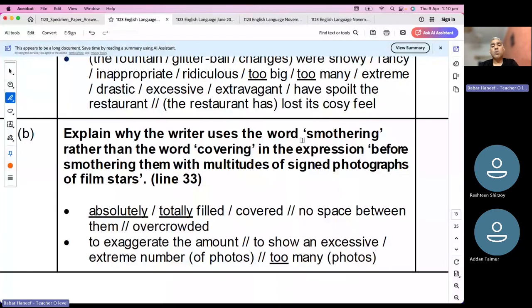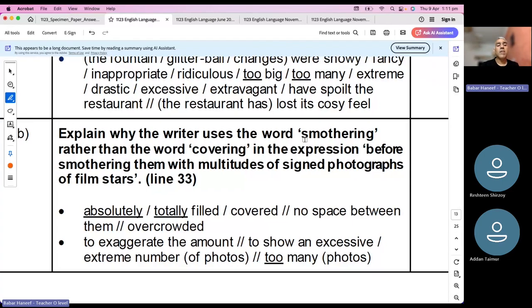Smother, instead of covering. Cover is like you're wrapping up something. For example, I have a mobile phone, I'm going to wrap it with a cover. Or I have a notebook with me, so I use a cover on it. So that's covering. But when you're using the word smothering, you are scribbling, or maybe you are writing lots of things together.